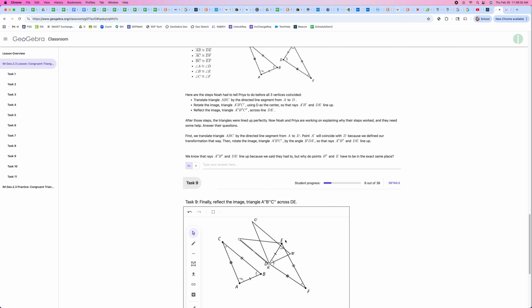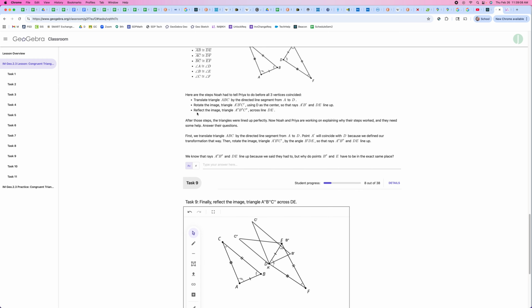And now B double prime is up here. B double prime is right there, right next to E, or it's on E, it landed on E. And then this out here is C double prime. All right, great. Okay, so there's that triangle.